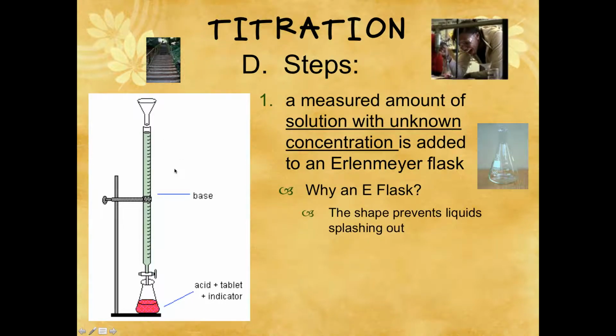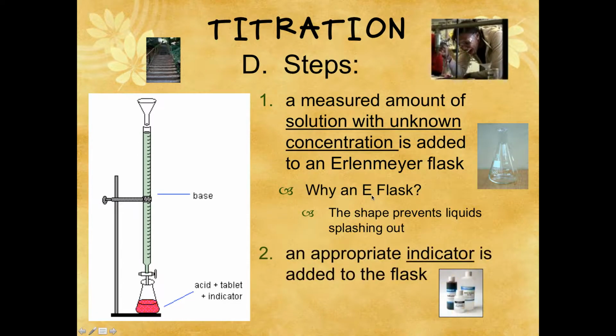It turns out it's because the shape, kind of like a triangle, prevents stuff from splashing out. As you're adding stuff, if it splashes, it's going to splash on the sides and then go back down into your mixture. And that's important because lost drops can affect your data and your final answer if they were to splash out. So that's the purpose of the E-flask, the Erlenmeyer flask.